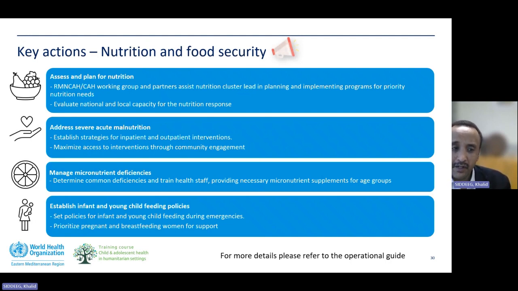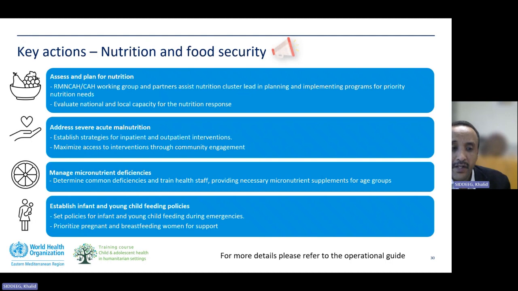We need to make sure that our system, our strategies, our protocols and guidelines address severe acute malnutrition at our facilities, both at inpatient and outpatient level. We need to have micronutrients, vitamin A and others, provided and supplied to the age groups that are targeted by this intervention.